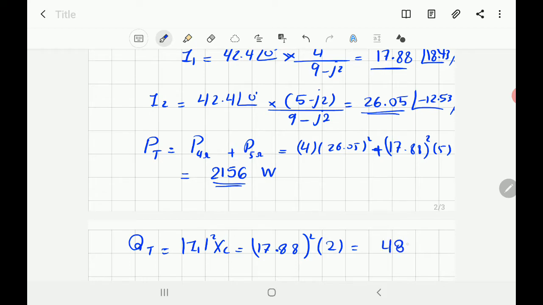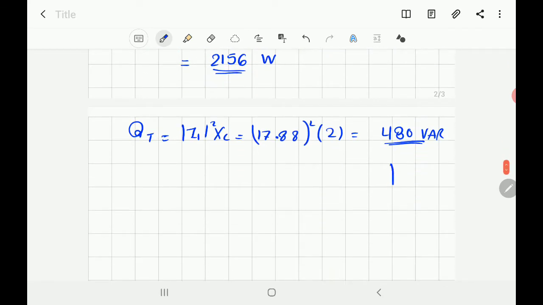That will be equal to 480 var. So you got P total and Q total. If you sketch the power triangle, it will make it easy for you to calculate the rest. The Q total is equal to 480 var.